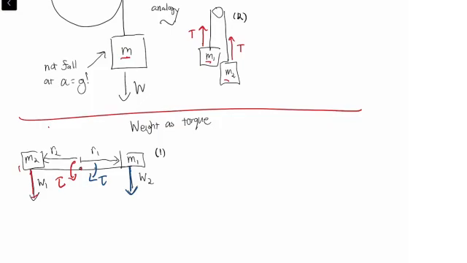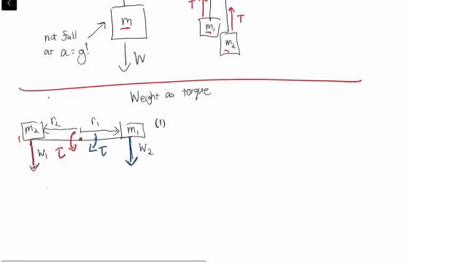Okay, so let me just quickly do that here. If I'm just going to talk about the weights as W, the net torque for a level object is just weight 1 cross R1 plus weight 2 cross R2.